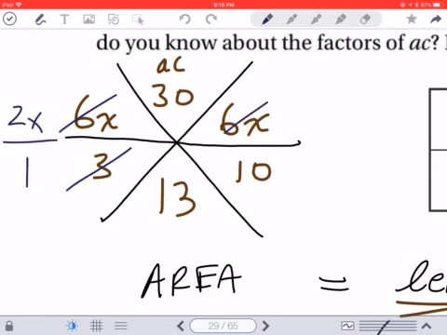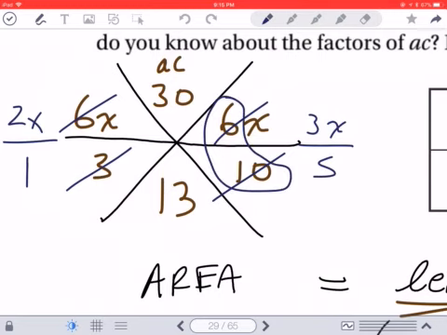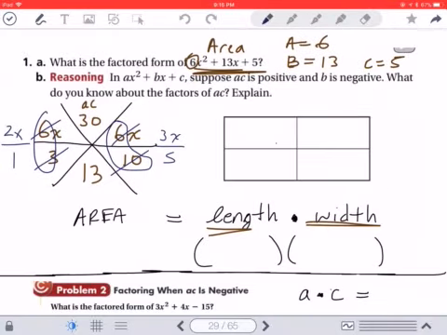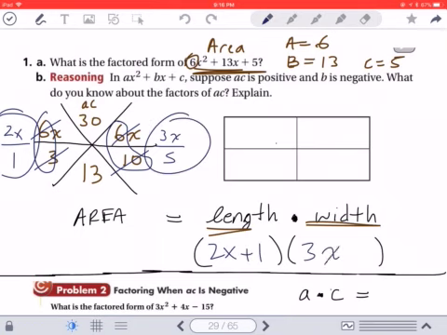And 6x and 10, I can reduce that to 3x over 5. Okay, so treat this like a fraction. 6 over 10 is 3 over 5. 6 over 3 is 2 over 1. So now I have my factors. My length is going to be 2x plus 1. And my width is going to be 3x plus 5.